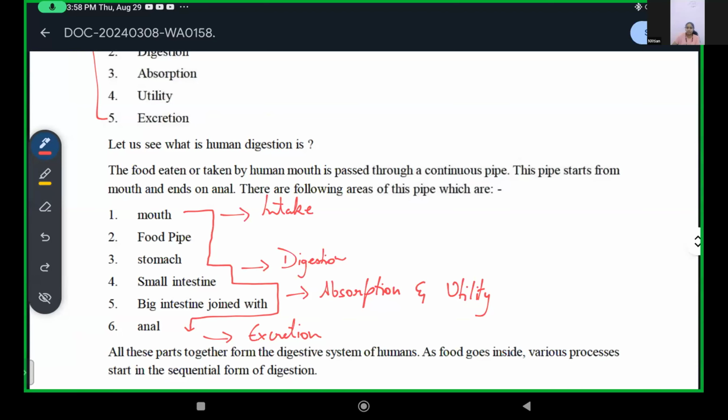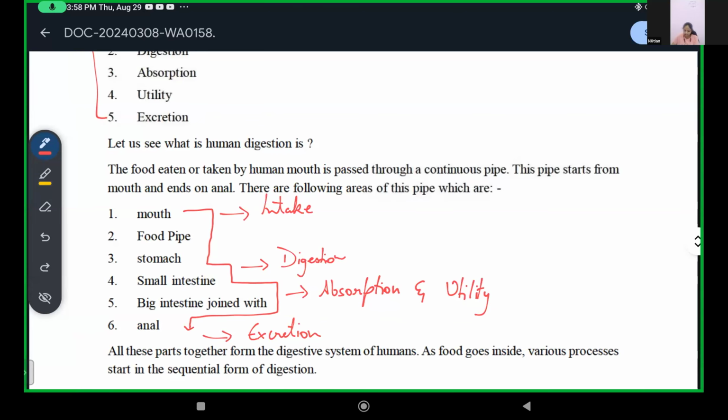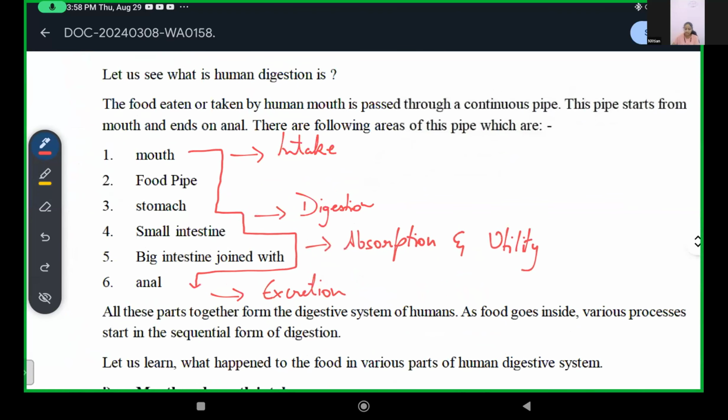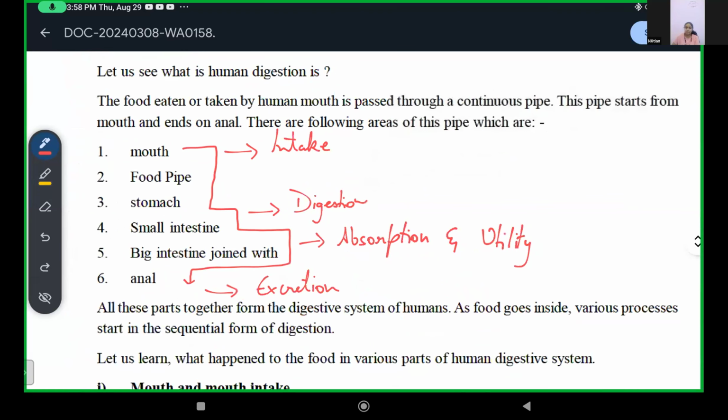It says big intestine joined with, and then it just is blank. I think it wants to say that the big intestine is joined with the anus, because after the big intestine process, excretion happens directly, because here the absorption is done.